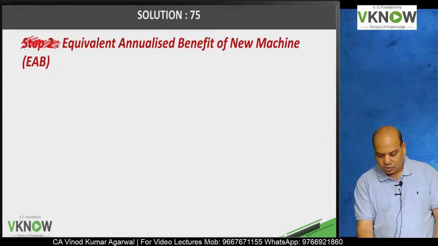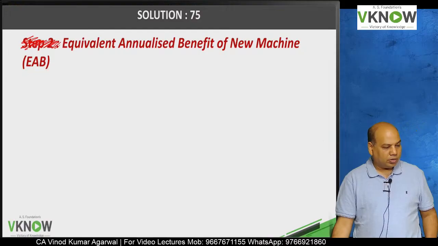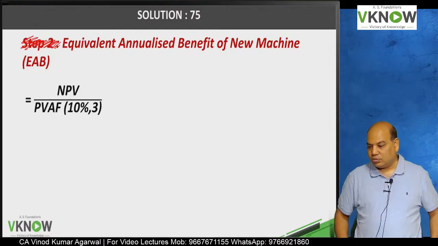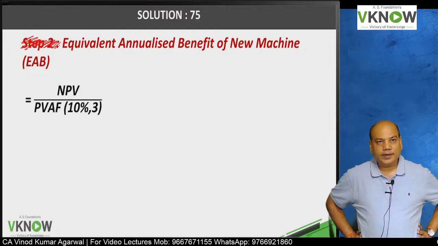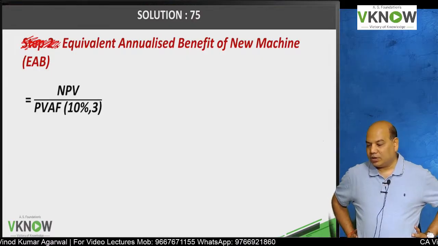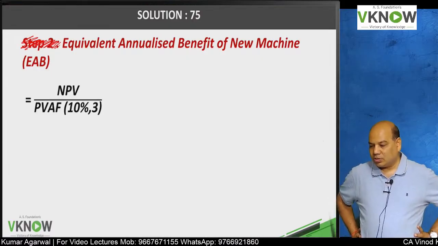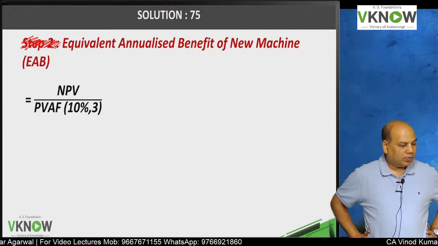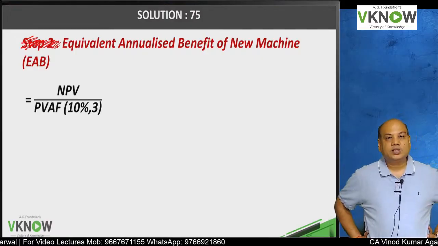EAB equals NPV divided by PV annuity factor, 10%, 3 years.